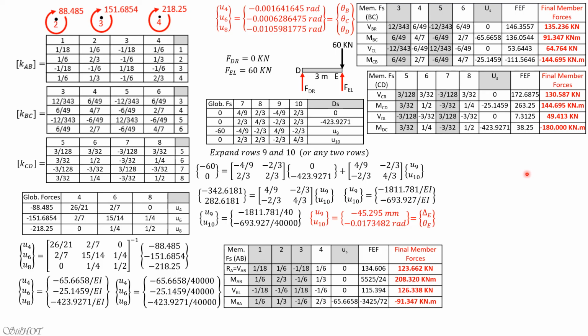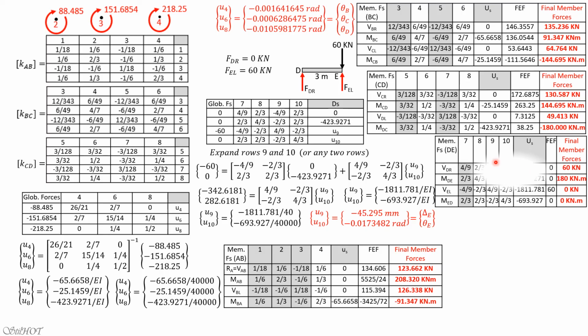Then for DE, stiffness, then you have U8, U9, U10, then distribute. There's the fixed forces, 0, 0, and we have 60 for this end here, FEL, upward, then everything is 0.